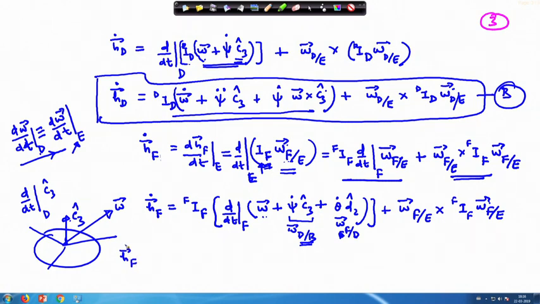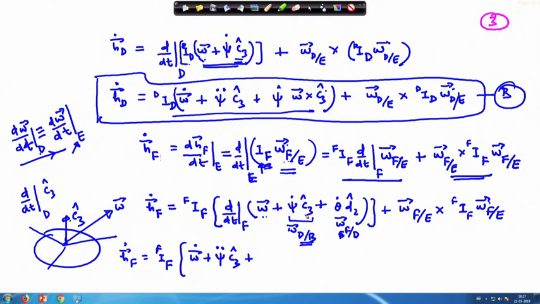Now, we expand this. This quantity will be simply omega dot, this quantity will be psi double dot C 3, and as earlier, how this is changing, we have to write here. So, that becomes psi double dot C 3 cap, plus a term because of the rotation of the D frame.